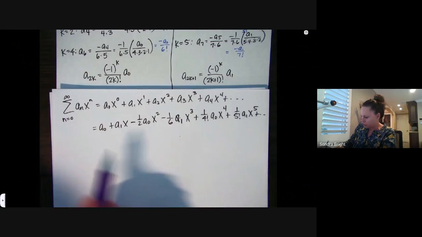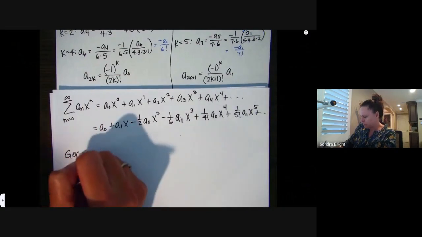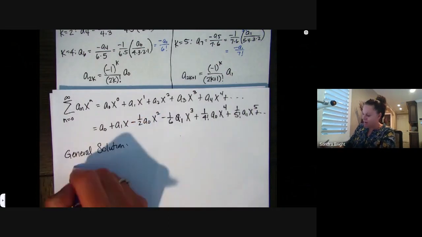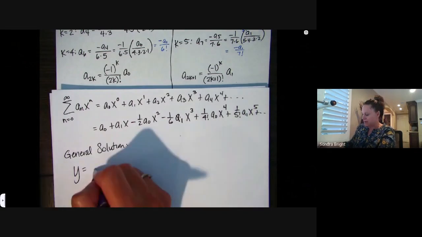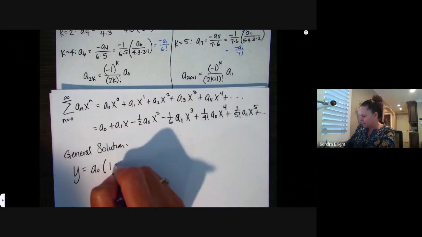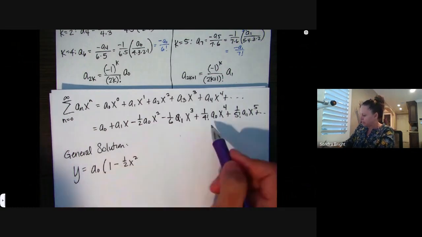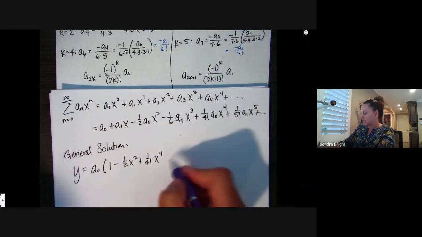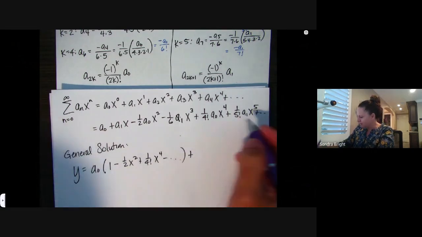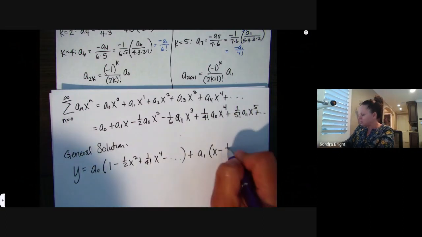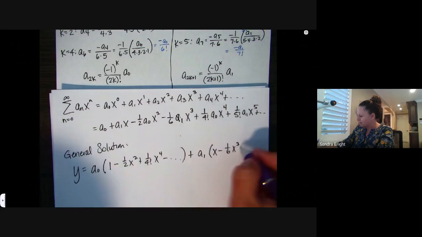And so your general solution will be y equals, I'm going to factor out the a naught from each of these guys, and I would end up having a 1 minus 1 half x squared plus 1 over 4 factorial x to the fourth minus, and so on. And then I factor out a1, and I would be left with an x, and then a minus 1/6 x cubed, and then a plus 1 over 5 factorial x to the fifth, minus next time.